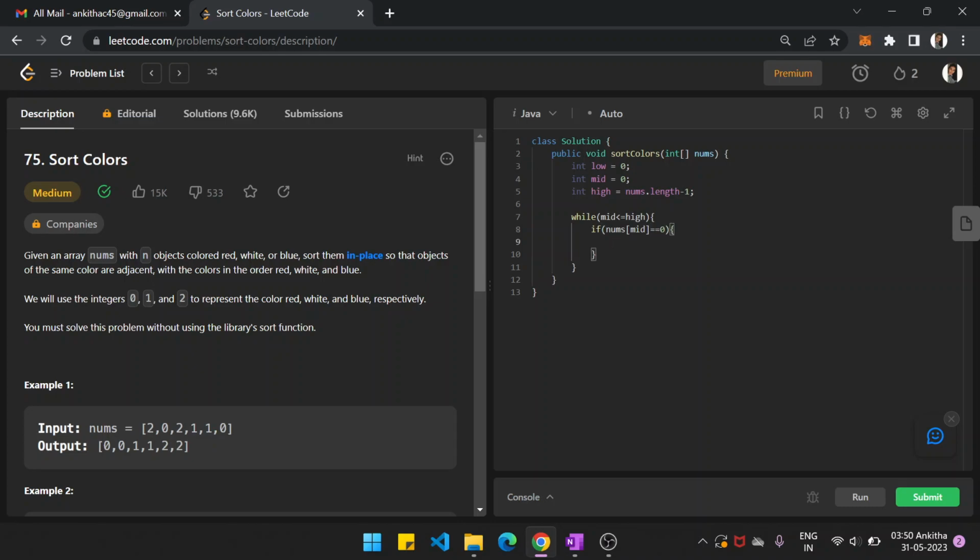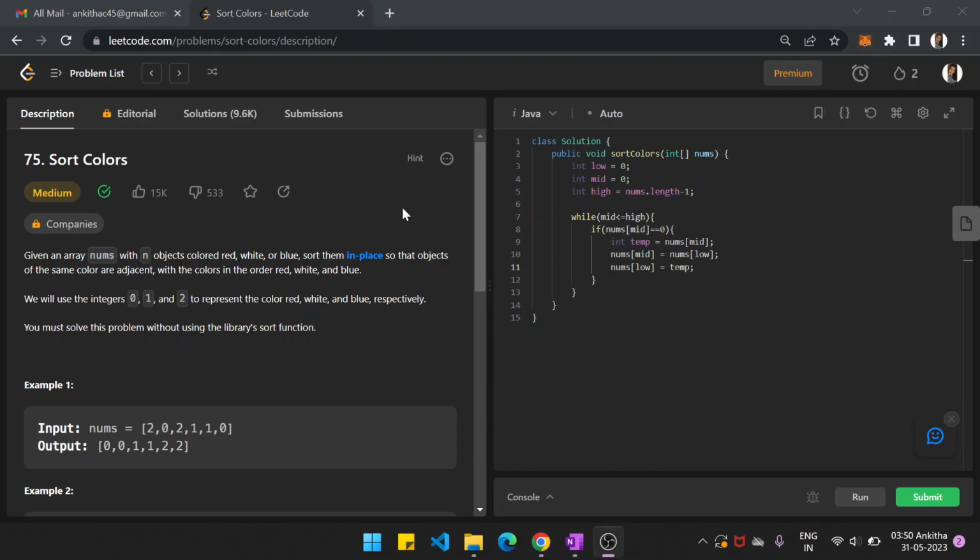If it is equal to 0, you have to exchange with the low, right? So we'll use the swapping technique, where we create a temporary variable: int temp equal to nums of mid. We'll store nums of mid in temp. Now nums of mid equal to nums of low. Later nums of low equal to temp, because we have stored nums of mid in the temp.